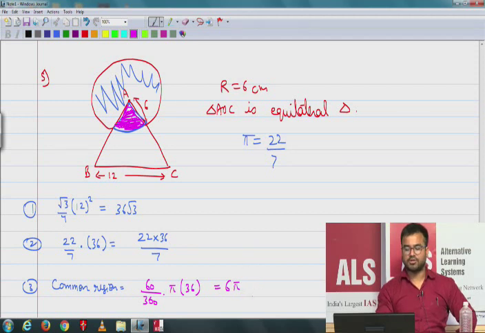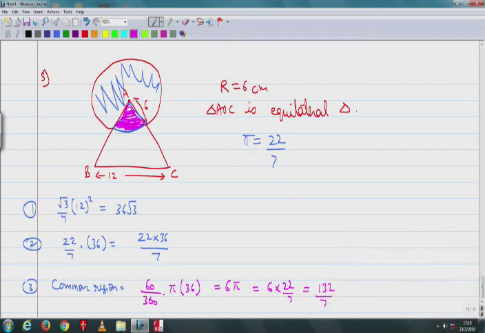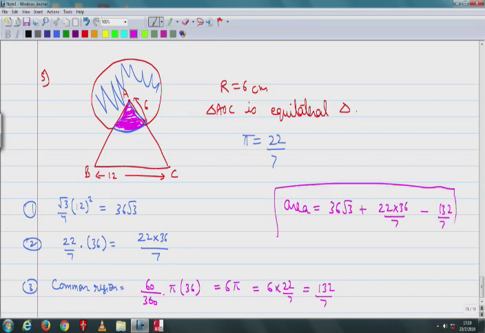Or you can also do it like this, 6 pi is nothing but 6 into 22 by 7, or 132 by 7. So area is area of triangle plus area of circle minus area of the common region. Just simplify this one, that is the final answer.